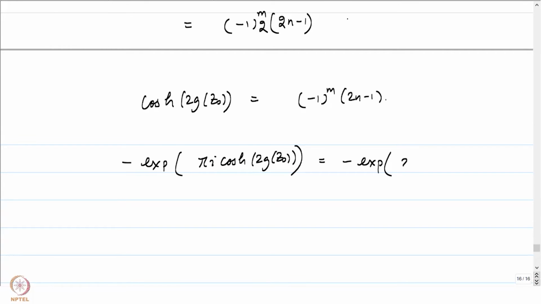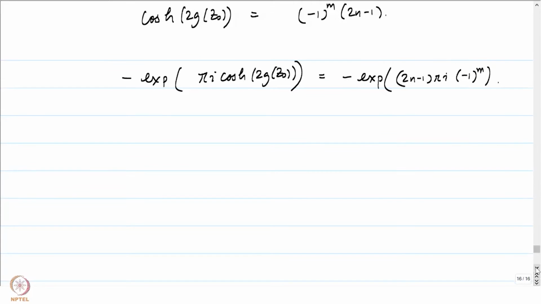So this is going to be 2n minus 1 times pi i into minus 1 to the power m. Since 2n minus 1 is an odd number and the minus term is not going to contribute, this is going to be equal to minus 1, which is equal to 1.